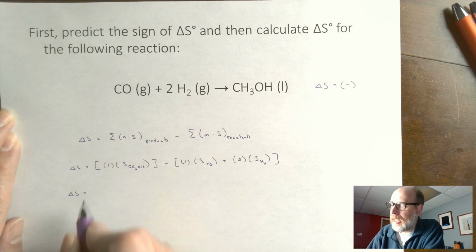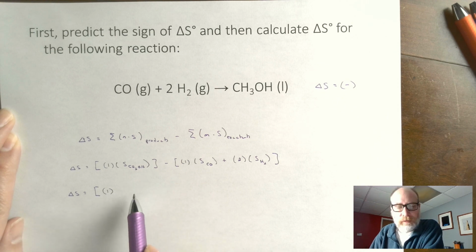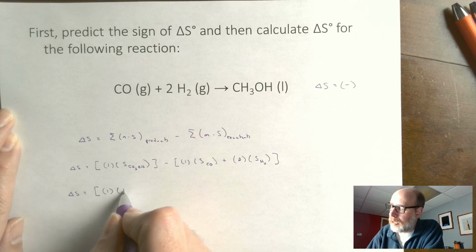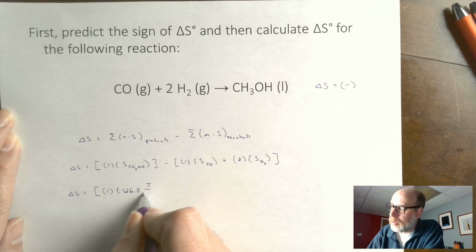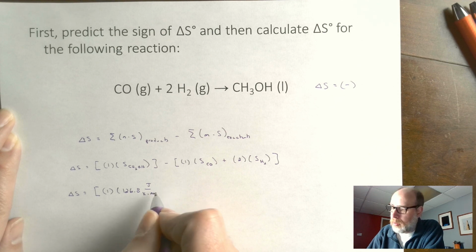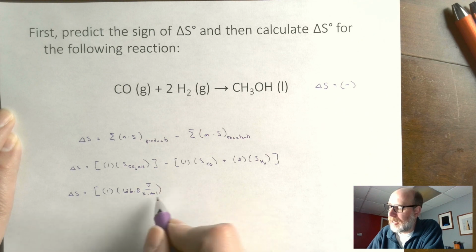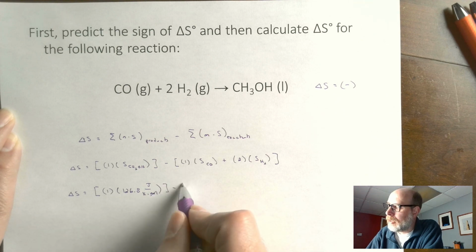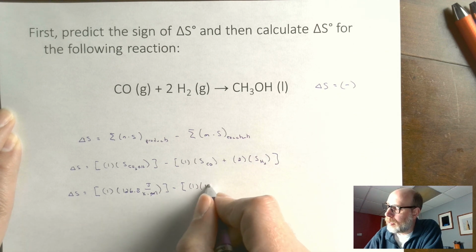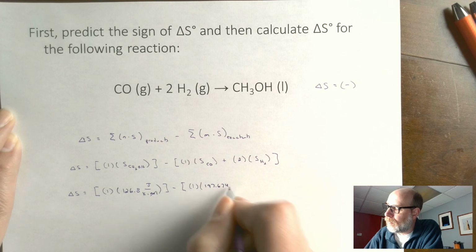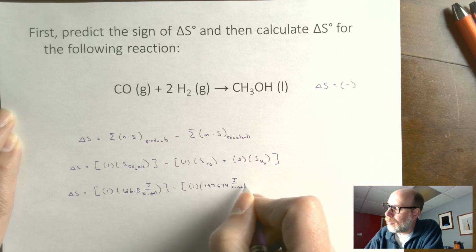So the change in entropy will be equal to 1 times the entropy for methanol, 126.8, and that's joule per Kelvin per mole. And that 1 technically has a mole on it, so that's going to cross out, minus 1 times the entropy for carbon monoxide, that's 197.674, joule per Kelvin mole.